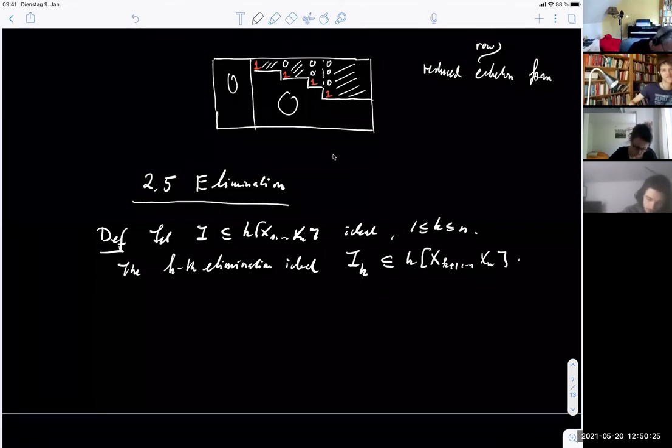It is defined as follows: we intersect the ideal I with this polynomial ring.